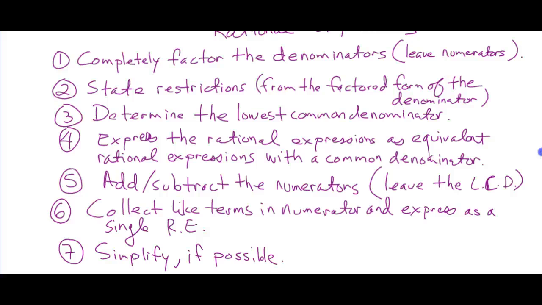Because then that tells you what you have to do in step 4 to get equivalent rational expressions that both have that common denominator. Then we add or subtract, collect like terms, express it as a single rational expression, and the very last step is to see if anything cancels. Maybe I now have a common factor top and bottom, and I can do some cancellation.